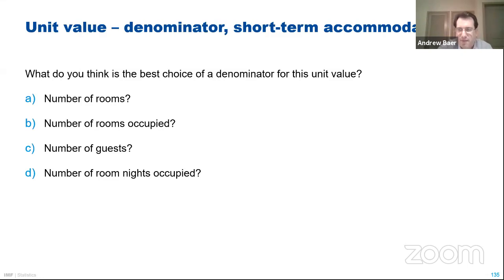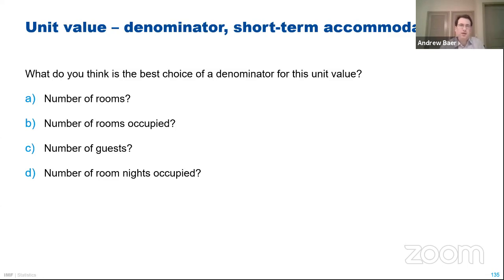Maybe I can ask you to think about this. If you were to use a unit value for hotels, what do you think would be the best denominator? Here are some choices: the number of rooms, the number of rooms that were occupied, the number of guests, or the number of room nights occupied.